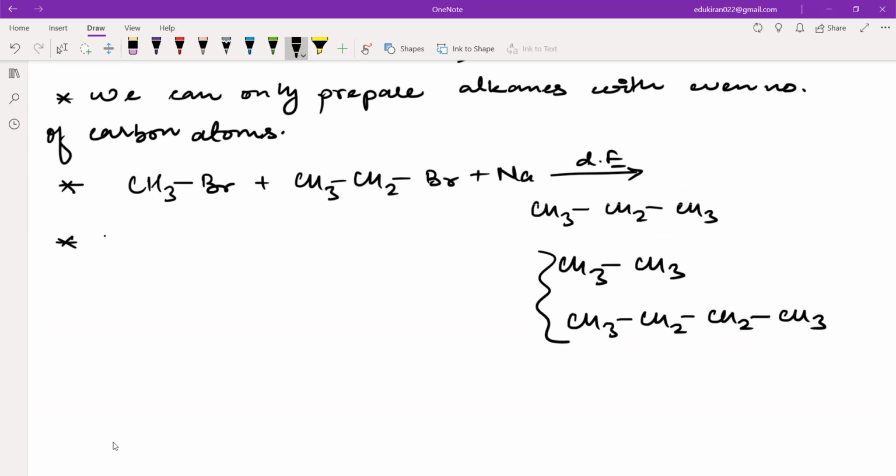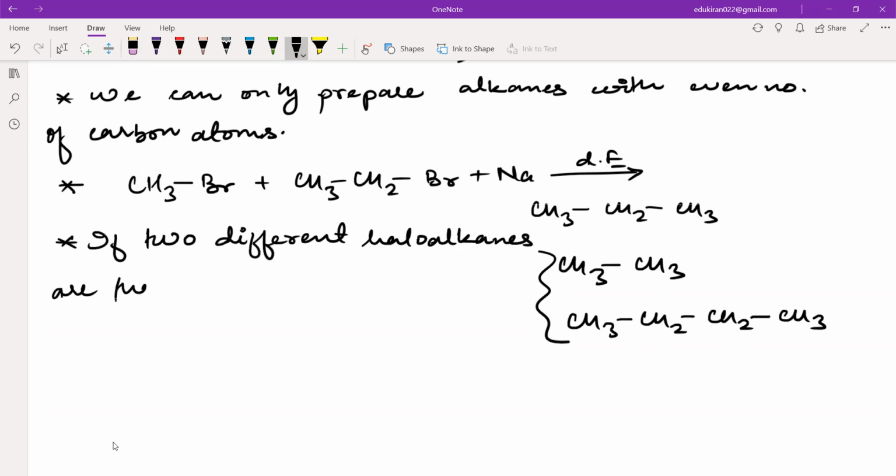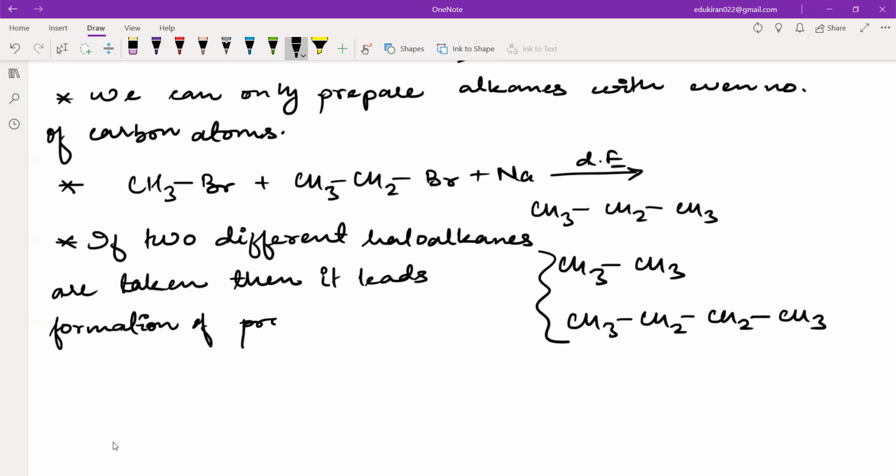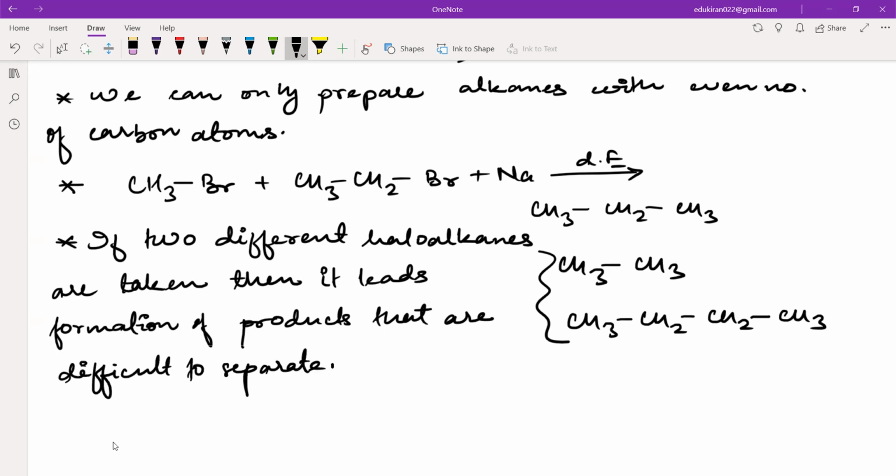Hence, if two different haloalkanes are taken, then it leads to formation of products that are difficult to separate.